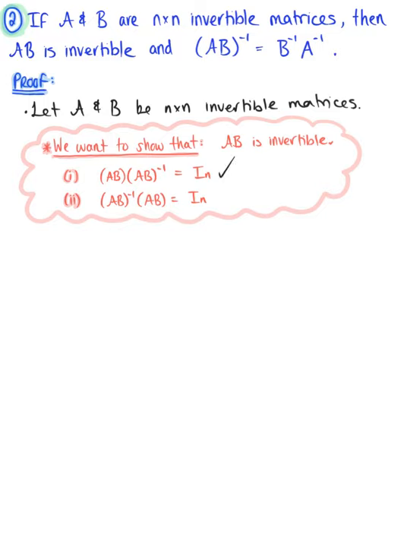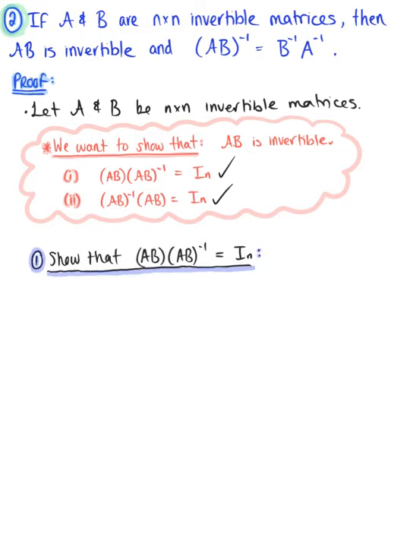And we also need to show that the reverse holds true. So we have two cases again. Here we go. So for case 1, we want to show that matrix A times matrix B multiplied by the inverse of this product is equal to the n by n identity matrix.